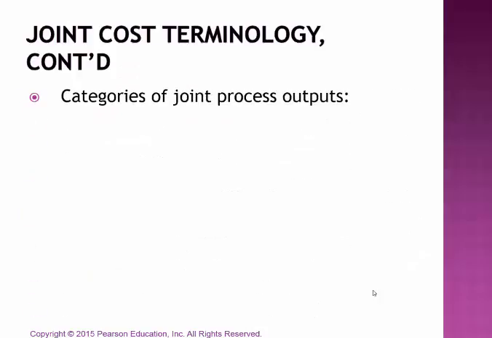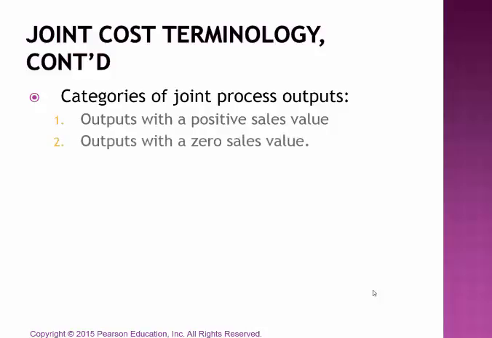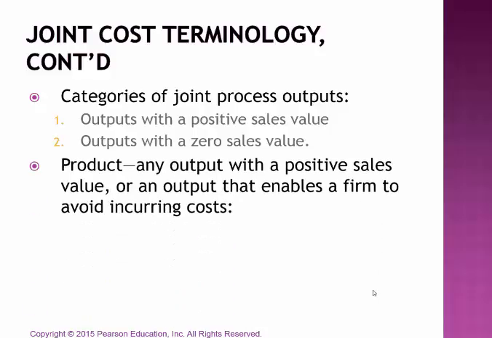We have some categories of joint process outputs. We can have products that have a positive sales value. Okay, so when we sell these items off, we actually bring in a revenue stream. We have a positive amount above and beyond what we have incurred to make the product. However, we may have some products that have a 0 sales value.